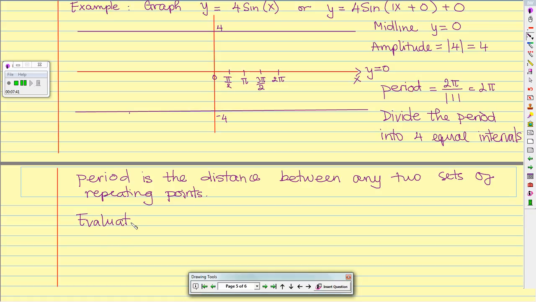Evaluate the function y equals 4 sine of x for x equals 0, pi over 2, pi, 3 pi over 2, and then 2 pi.